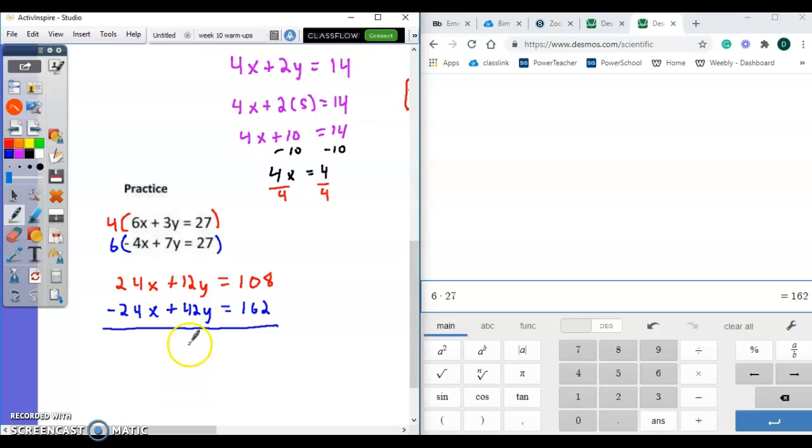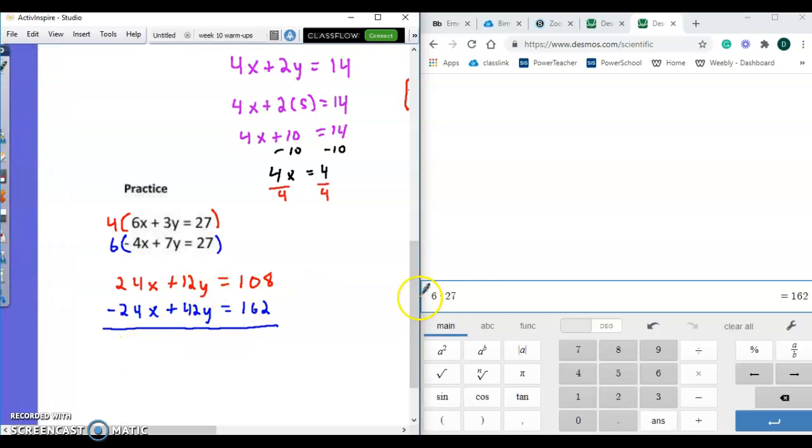Now I'm combining because I have opposites. So I'll start with the 24s. Those are gone. 12 plus 42 gives us 54. So that's 54y equals 108 plus 162 equals 270.